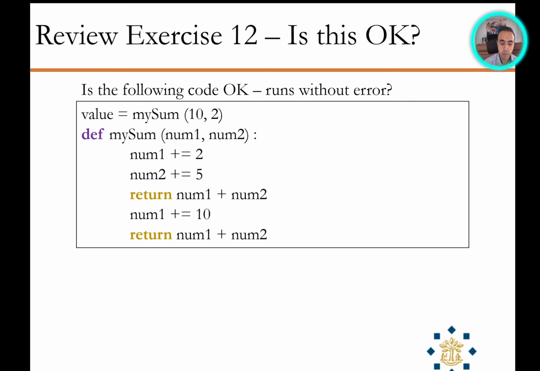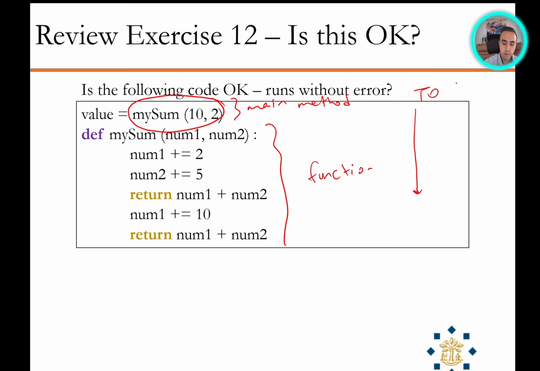But in this example, so here we have the function. Here is the method, right? Main method. So we invoke this function. Okay, so here the problem is, since Python executes from top to bottom, it executes line by line, right?